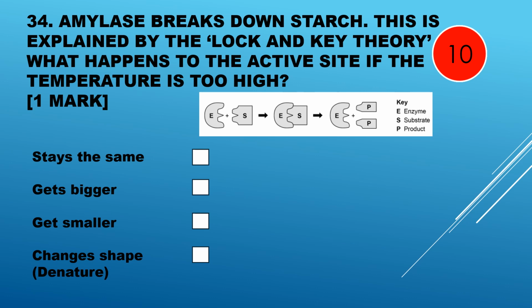This is explained by the lock and key theory. What happens to the active site if the temperature is too high? Does it stay the same, get bigger, get smaller, or change its shape, which we say is denatured? The active site changes, which is denatured.